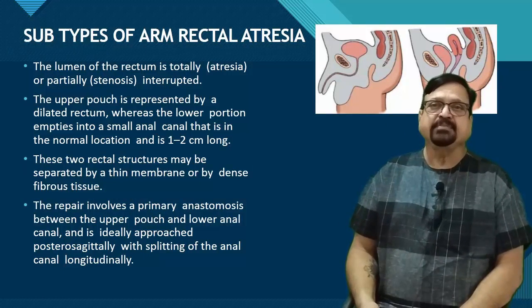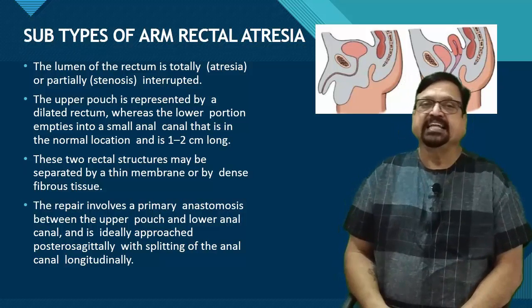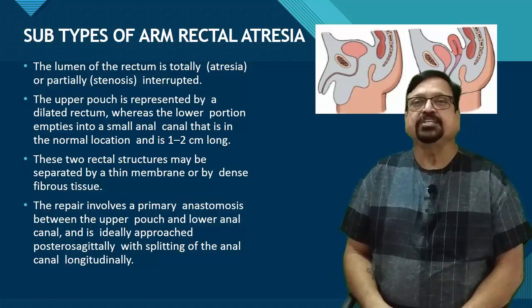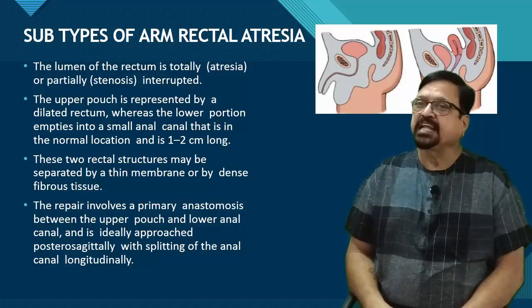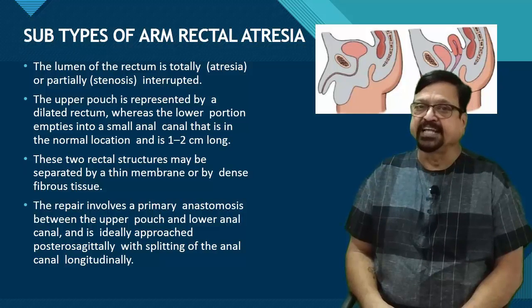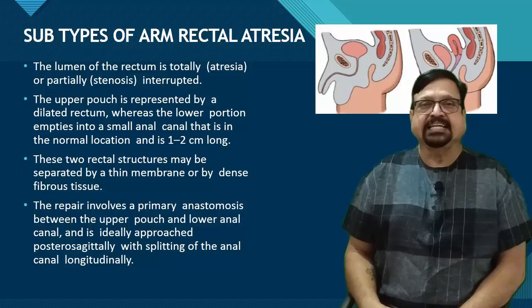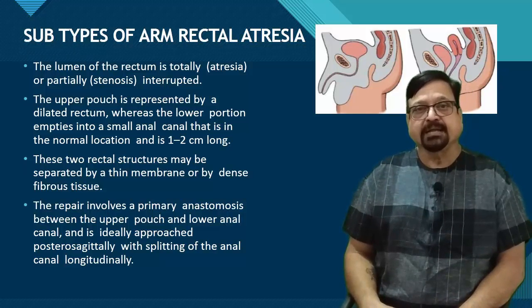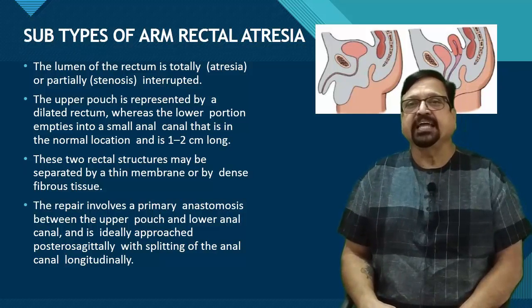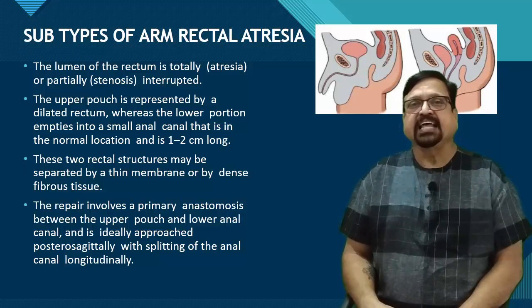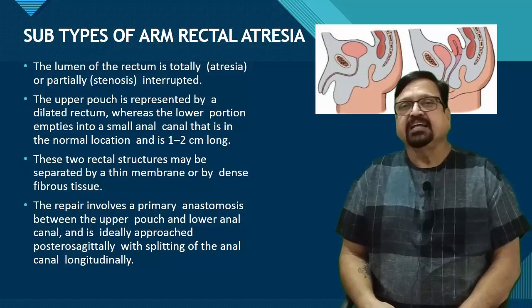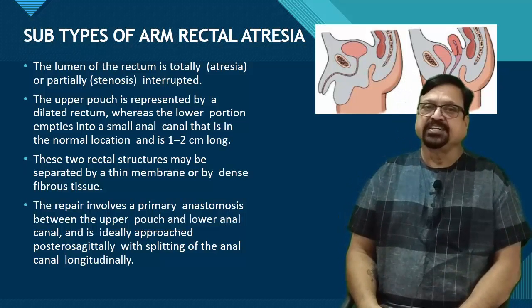subtype of ARM, that is rectal atresia. In this, the lumen of the rectum is totally atretic or partially stenotic. So there can be stenosis or atresia. The upper pouch is represented by a dilated rectum, whereas the lower portion empties into the small anal canal, which is in the normal location and is 1 to 2 centimeters in length.